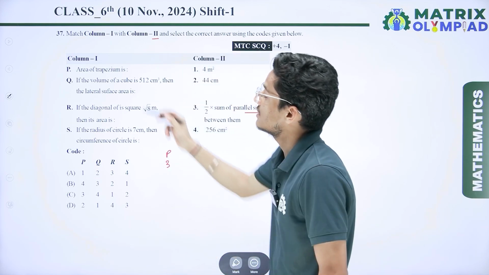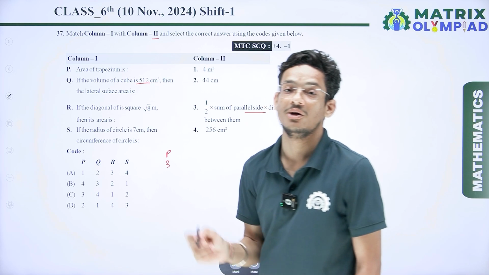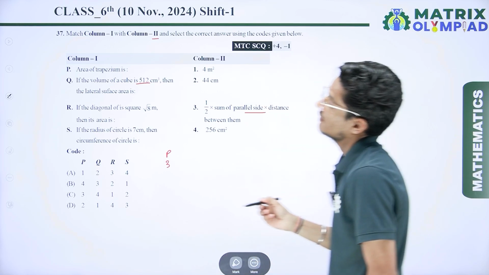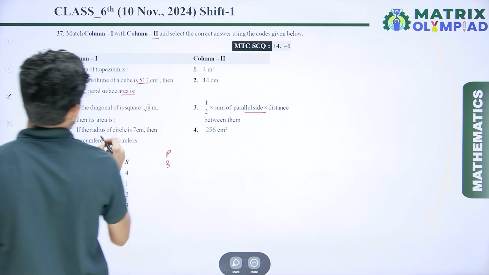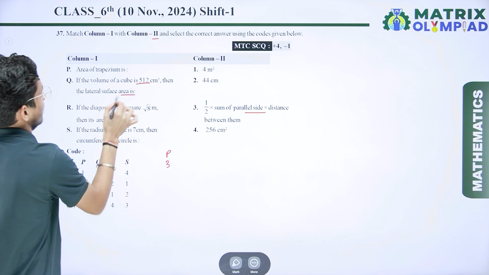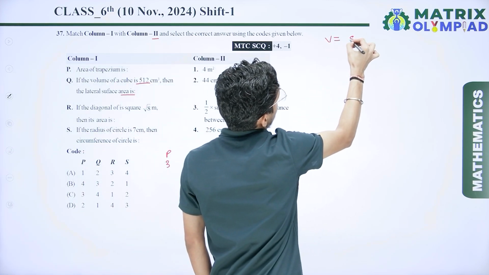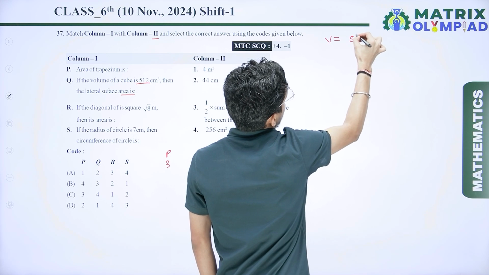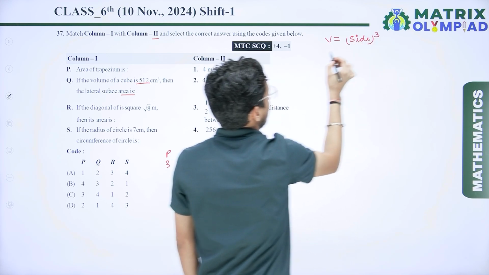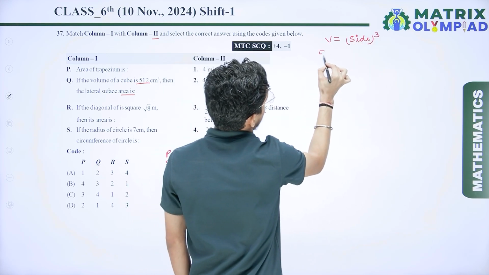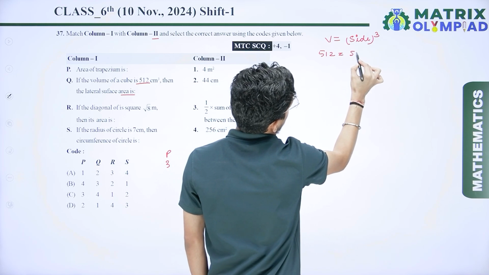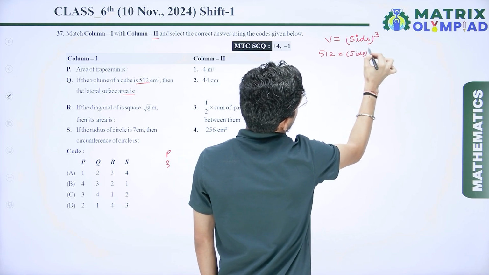So now Q, that is, if the volume of cube is 512 centimeter cube, then the lateral surface area is. So here we have given volume of cube and we have to find the lateral surface area. So we know volume of cube is equal to side cube, and volume that is given, 512, is equal to side cube.